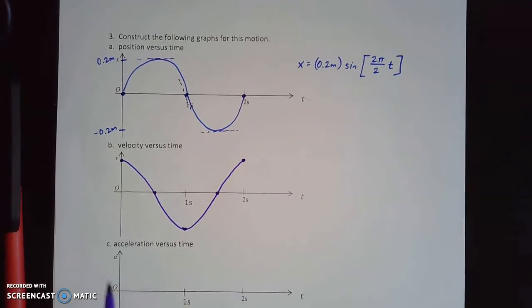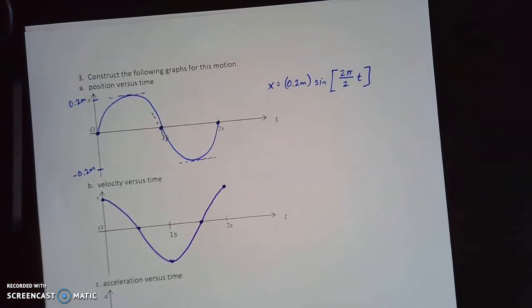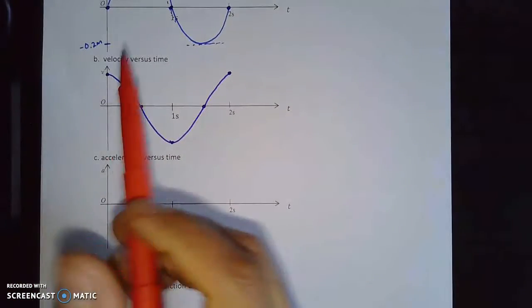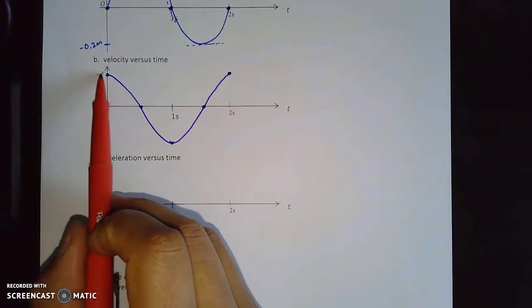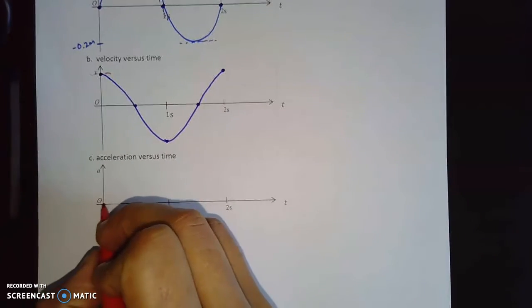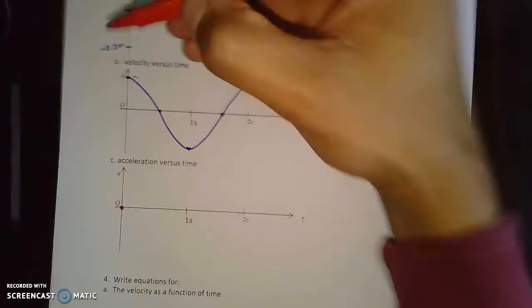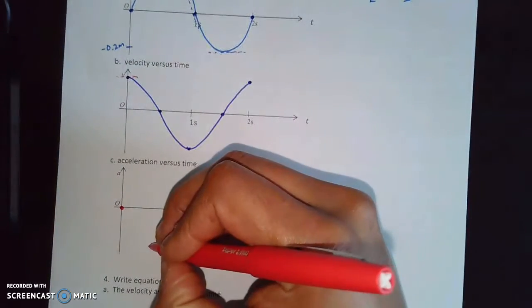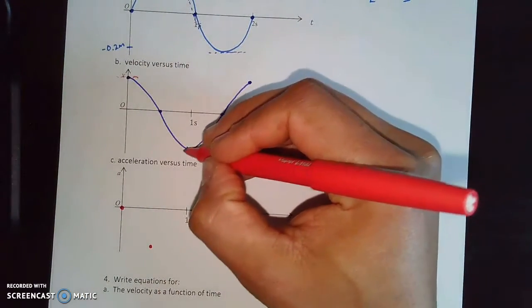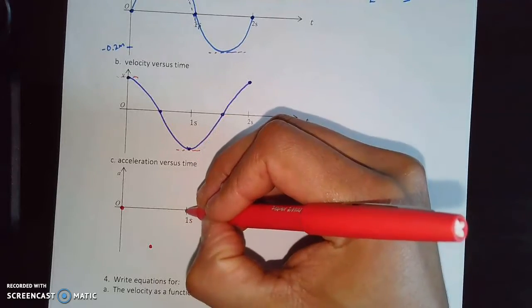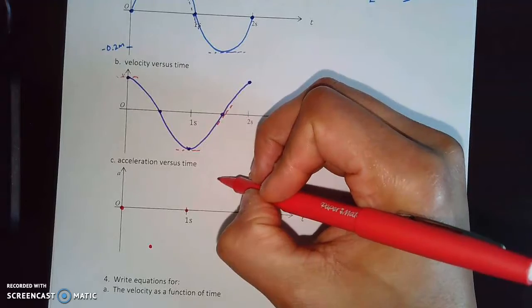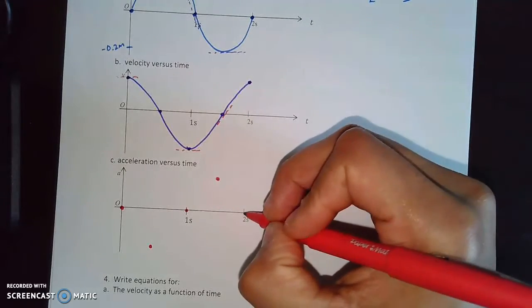Okay. Now let's look at acceleration. With an acceleration graph, remember I'm looking at the slope of my velocity versus time graph. So let's start at the beginning. This has a slope of 0, which means I have an acceleration of 0 at the beginning. Then it goes to a negative slope, maximum negative slope occurs there, 0 slope again, maximum positive slope in the middle, and then again 0.